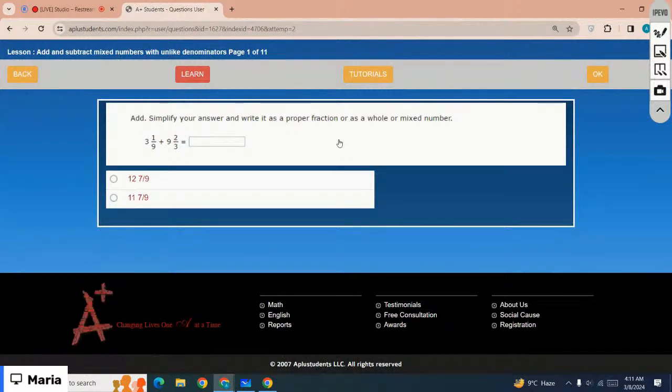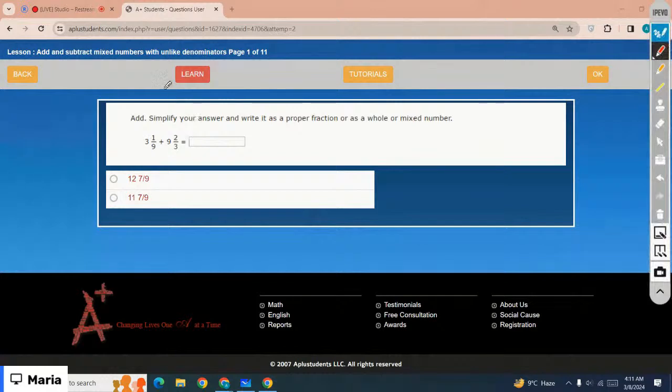So when we're working on mixed numbers, adding them is very easy. First thing you have to do is just add their whole numbers. Just do 9 plus 3, right? So 9 plus 3 is 12. Now look at the fractional part, 1 over 9 and 2 over 3. You cannot add them because they have different denominators. First, make their denominators the same. You always make the smaller number equal to the greater one.